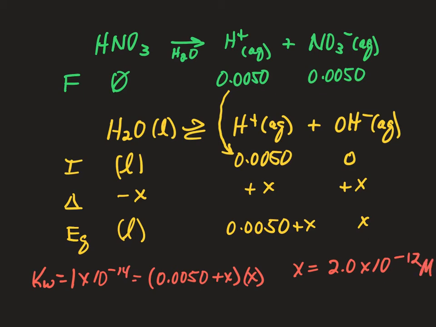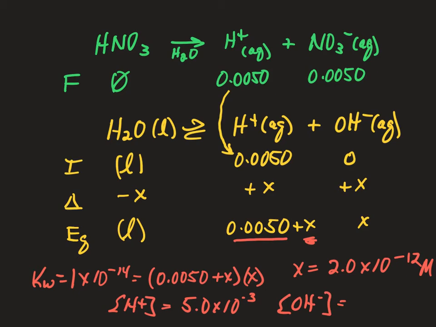So that's really small. That's essentially not going to change the concentration of hydrogen ions. So the concentration of hydrogen ions will be the 5.0 times 10 to the minus 3 that we started. But the concentration of hydroxide ions then would be the 2.0 times 10 to the minus 12 molar.